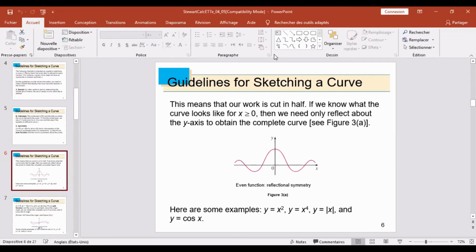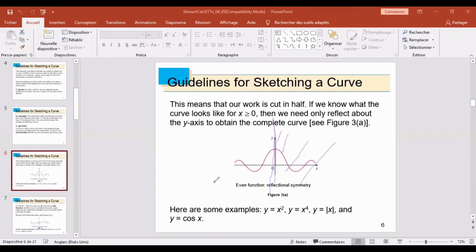That means when we have an idea about the graph if x is positive, then we can have an idea about the graph in R. When we know just the right side, the left side we can conclude thanks to the symmetry, because your function is symmetric related to the y-axis.